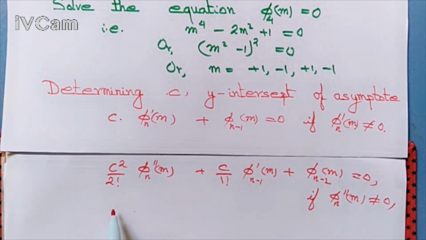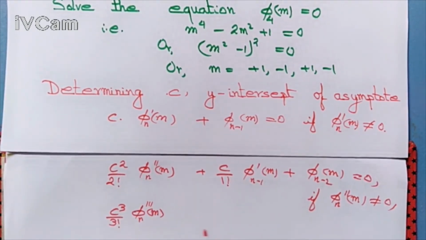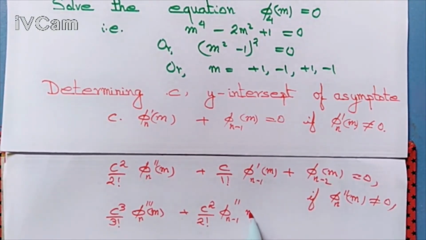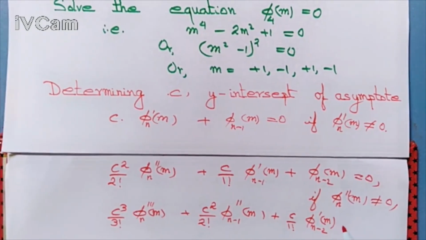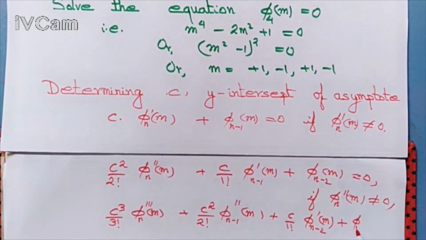Then we will have the third formula, c cubed by factorial 3 phi n triple prime (m) plus c squared by factorial 2 phi n minus 1 double prime (m) plus c by factorial 1 phi n minus 2 prime (m) plus phi n minus 3 (m) equal to 0.